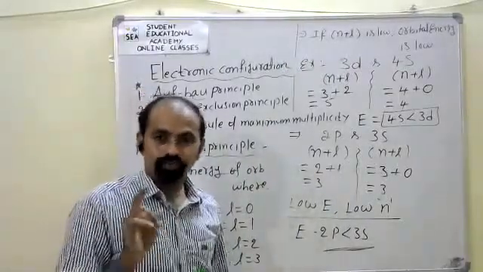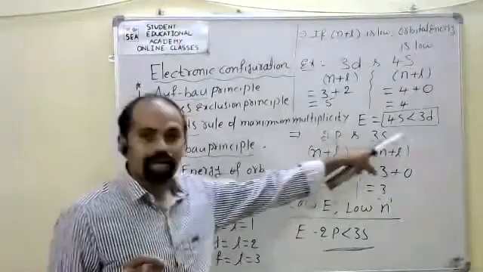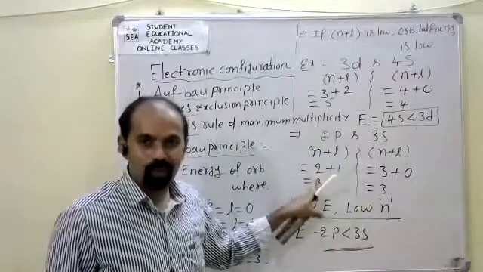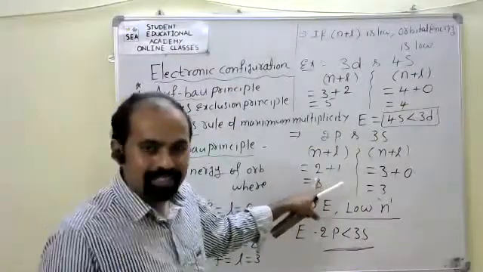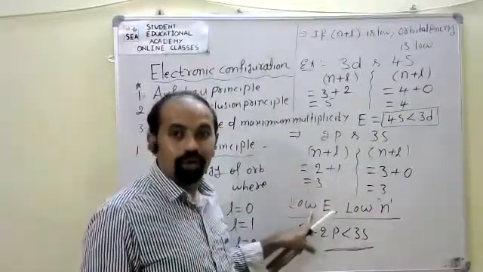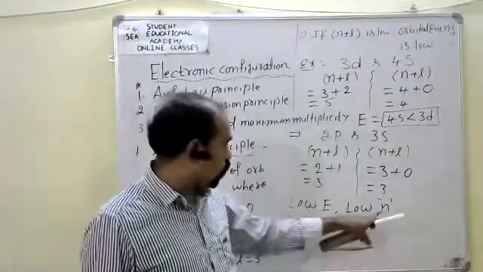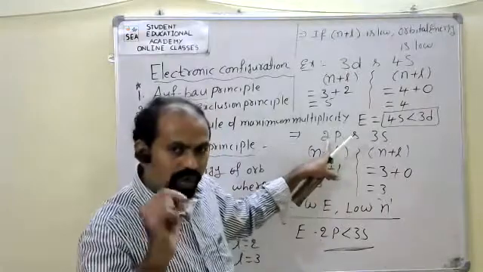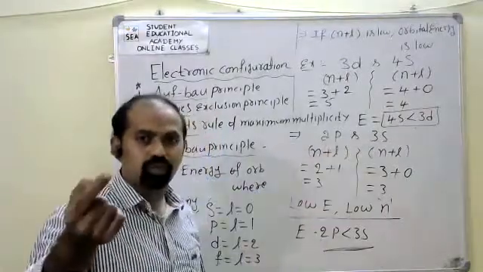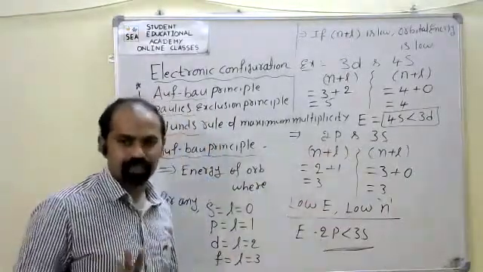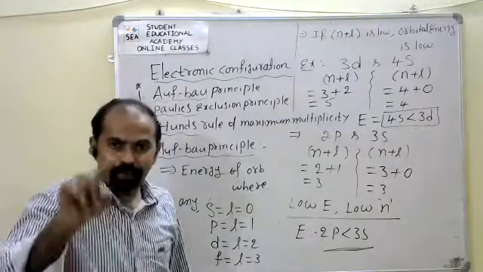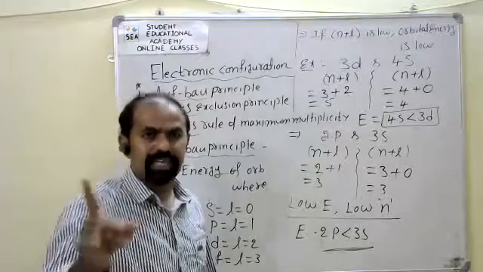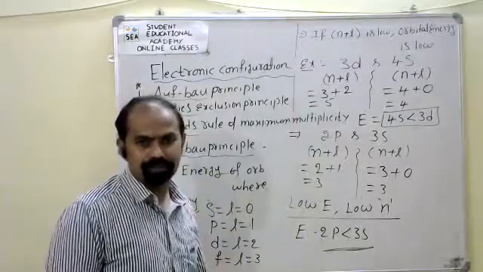Second point: if two orbitals have the same n plus L value, in that case, the one with the lower n value has lower energy. The orbital with the lowest n value belongs to the lowest energy. Understood that?